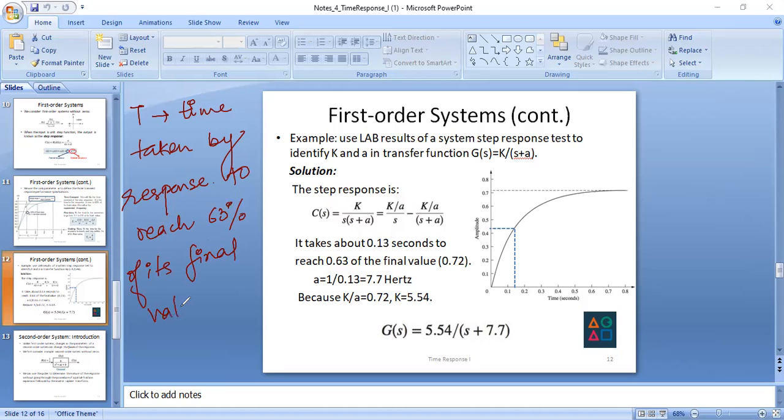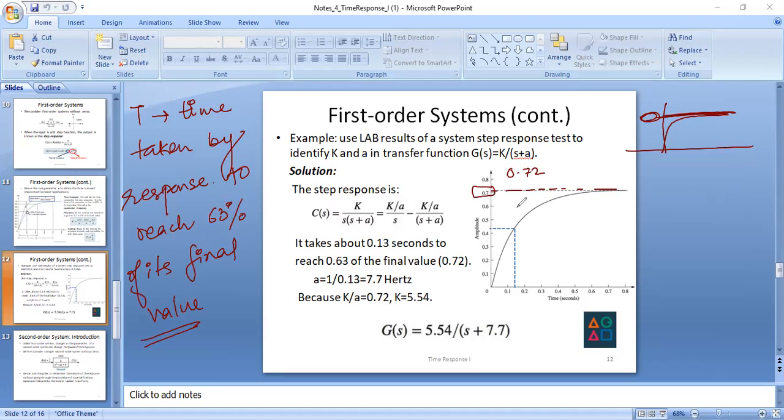When you plot this graph, this straight line is your final value. This graph is approaching this value. So what is the final value? It is given as 0.72.